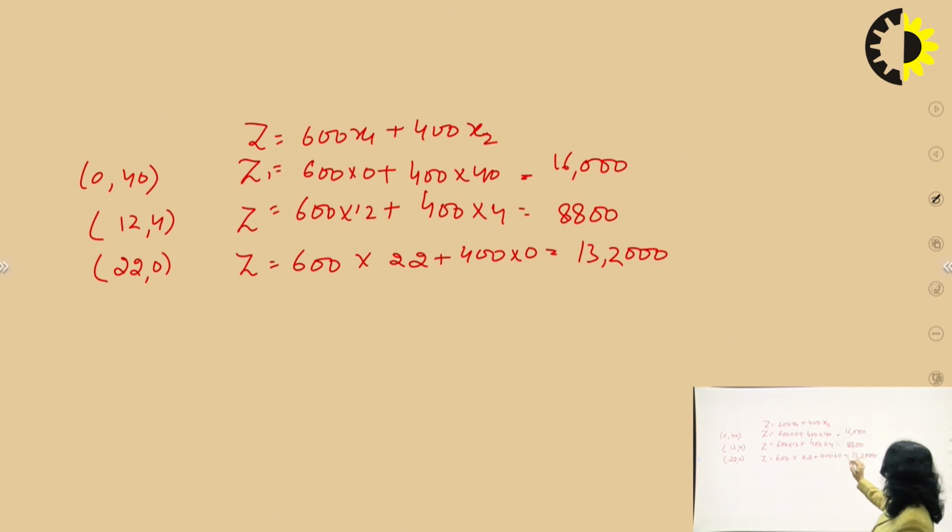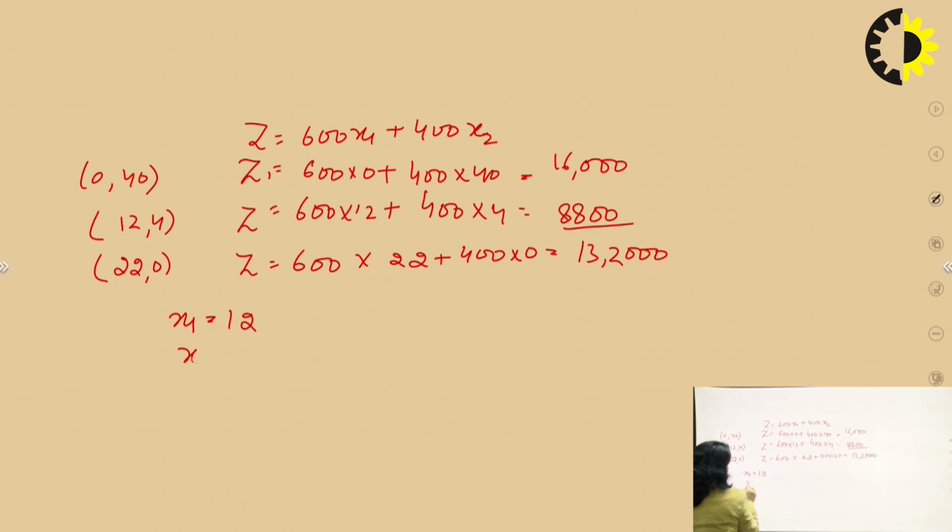So we can see here that we get the minimum value of Z at the coordinates 12 and 4, where 12 is the value of x1 and 4 is the value of x2. If we remember, x1 was the number of days plant L will operate in the month of June, and x2 was the number of days plant M will operate in June.